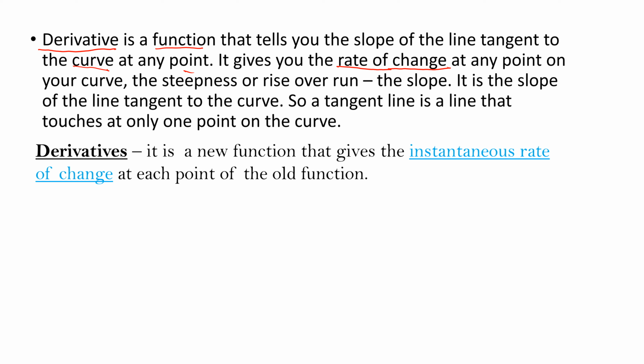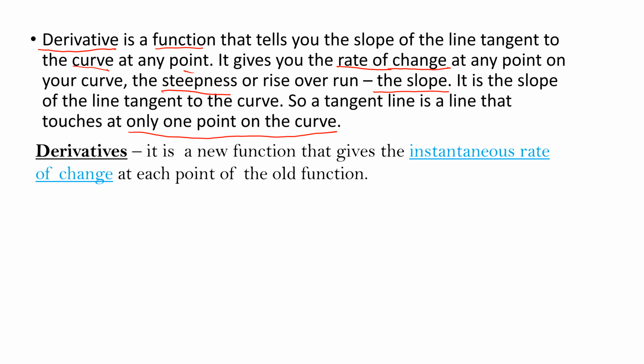It gives you the rate of change at any point on your curve. So steepness or rise over run, it's the slope. So when we say derivative, it is simply concerning the slope of the tangent line. It is the slope of the tangent line to the curve. So a tangent line is a line that touches at only one point on the curve.